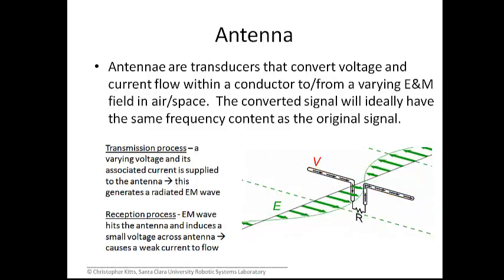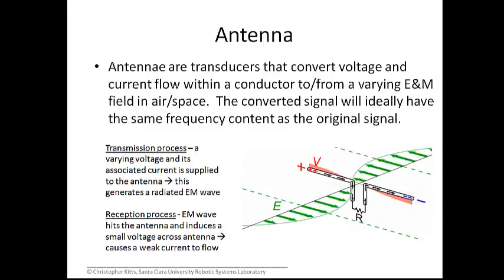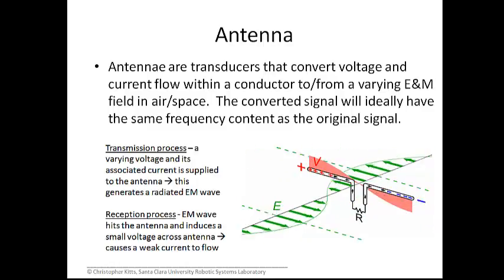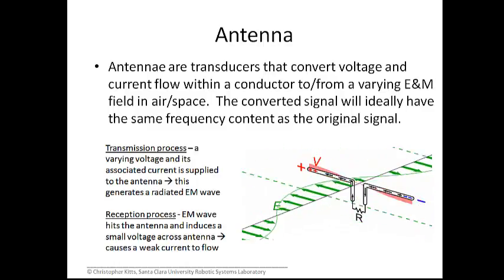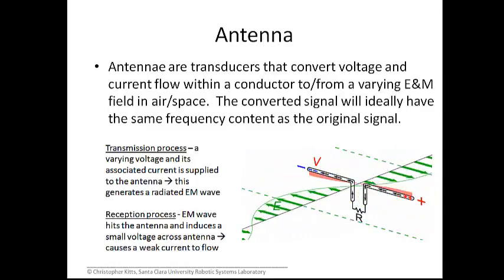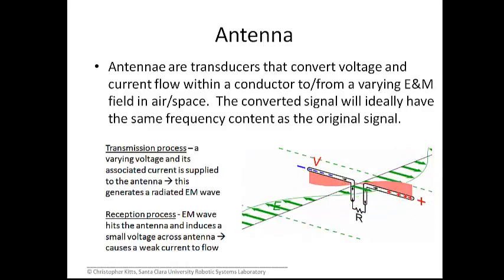So transmission goes from the voltage and associated current in the antenna to a radiated electromagnetic wave, and reception is the opposite. The wave hits the antenna, induces the voltage, and causes the current to flow in the antenna, and that is our receive process.